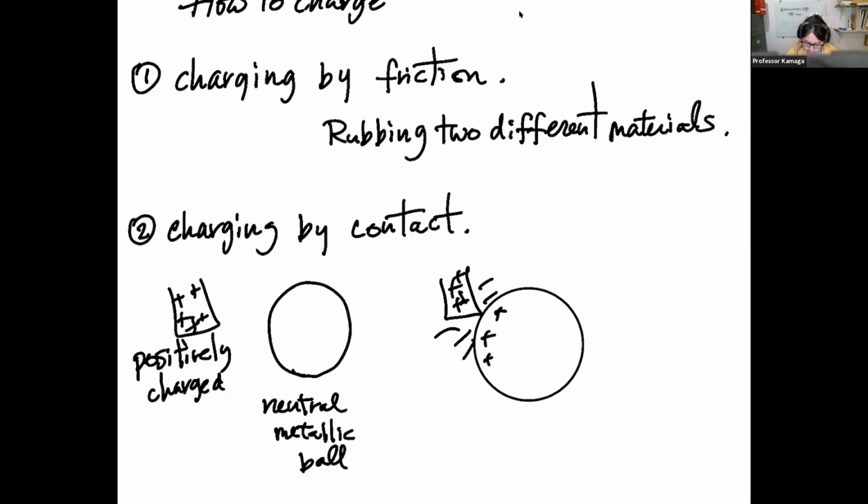And the positively charged charges will move into the ball from the contact. After you remove the rod, you're going to have nicely distributed charges on the surface. So now the ball is going to be positively charged.